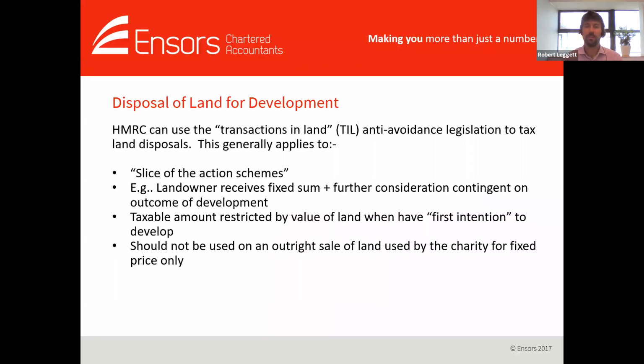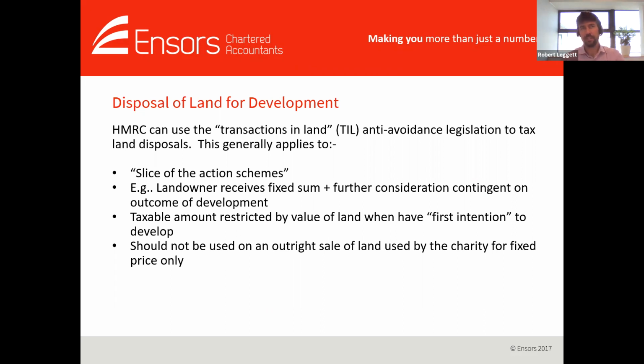The trouble is the disposal of land in some circumstances is not all chargeable gain, because there's a piece of anti-avoidance legislation, the transactions in land legislation, which is effectively anti-avoidance to tax certain disposals of UK property.